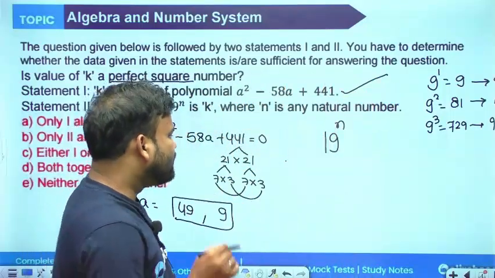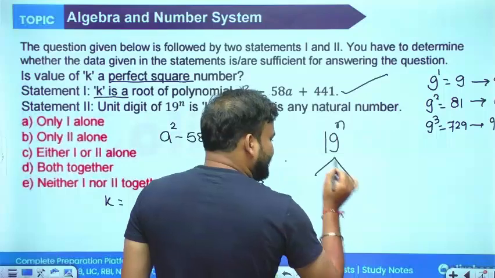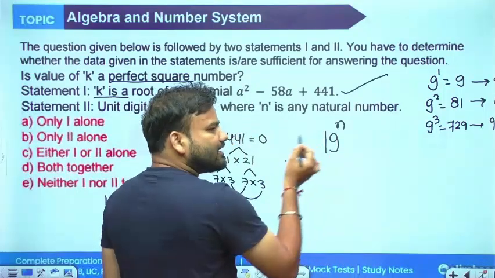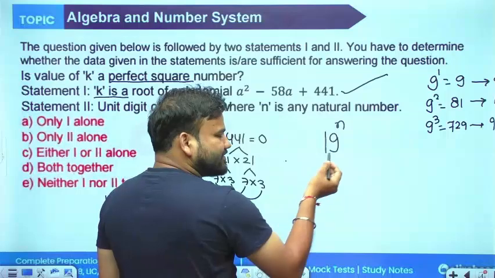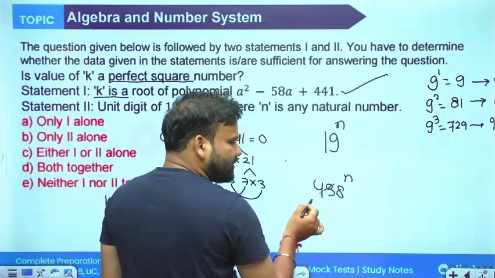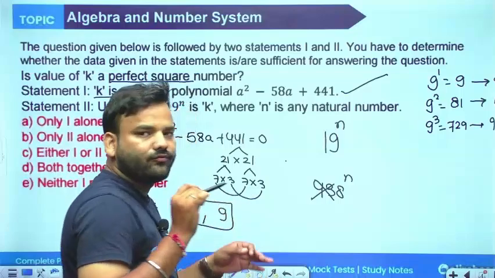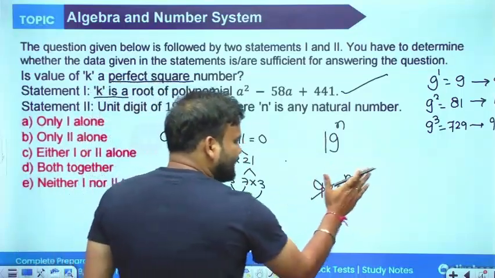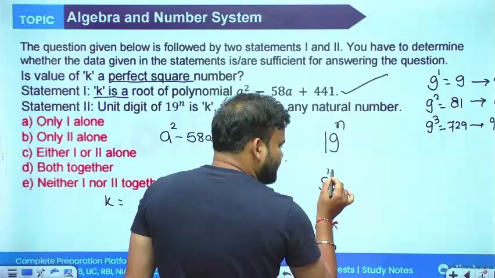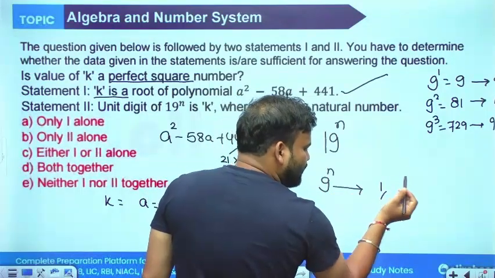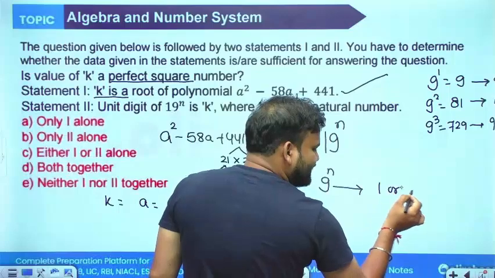For unit place, only the unit digit is responsible. Suppose this is 428 to the power n; for this, the 42 is not responsible. For unit place, only the unit digit matters. So the unit place of 9 to the power n will be either 1 or 9.